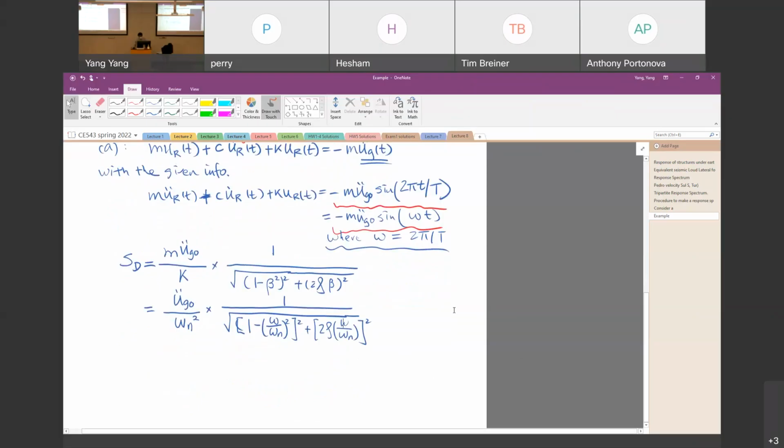Because beta is a ratio between the frequencies of the excitation and the structure.